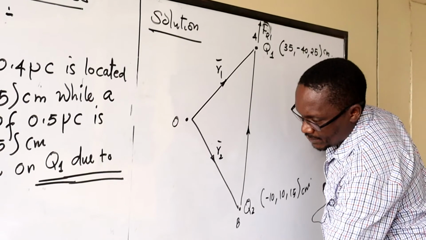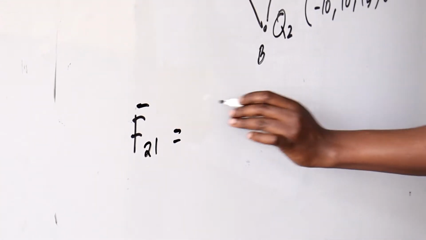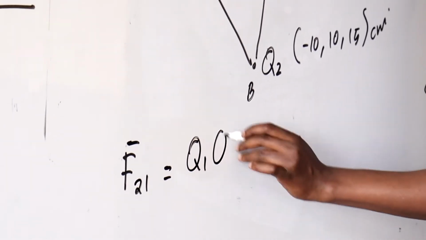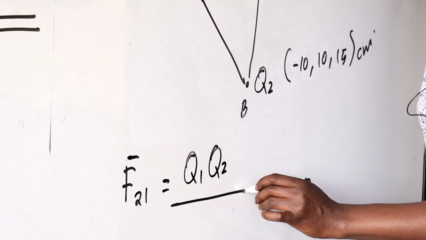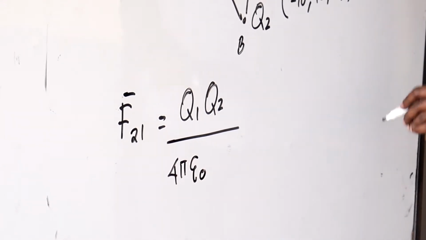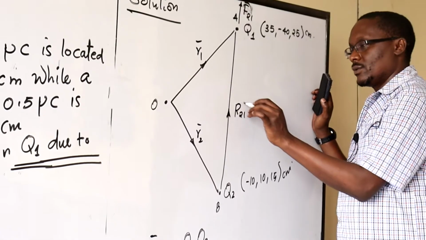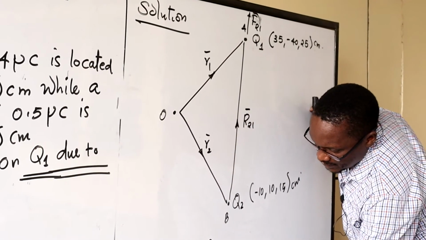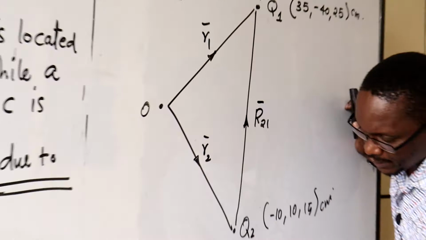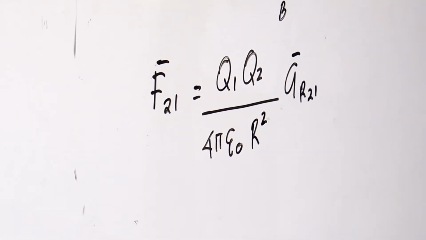So F bar will be F21, which is the same as Q1 Q2 over 4 pi epsilon naught R squared times a R21 bar as my vector.